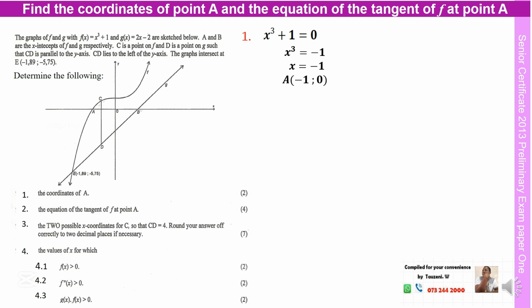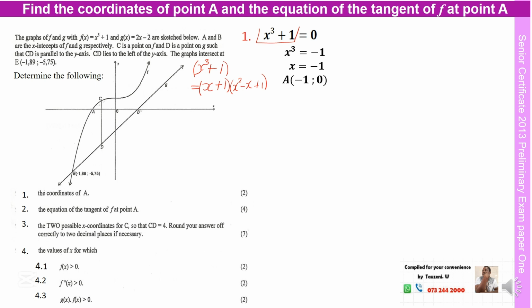Just for interest's sake, this is a cubic function. So if you take your memory back to grade 10, you will remember that in grade 10, we did cubic expressions as sum and difference of cubes. So this can be factorized as a sum of cubes into x plus 1 times x squared minus x plus 1.